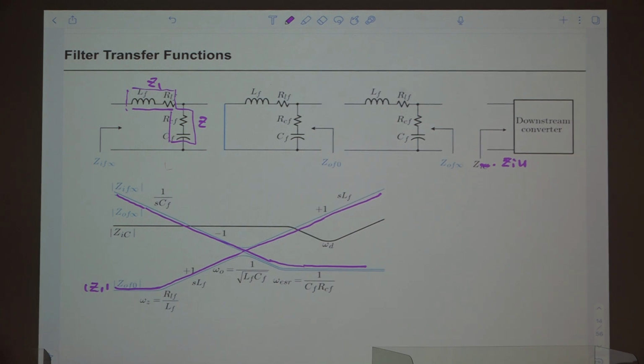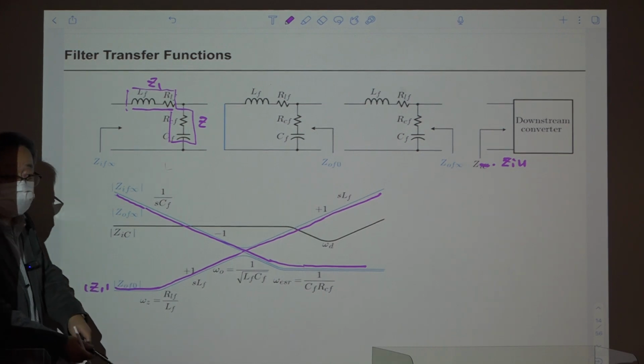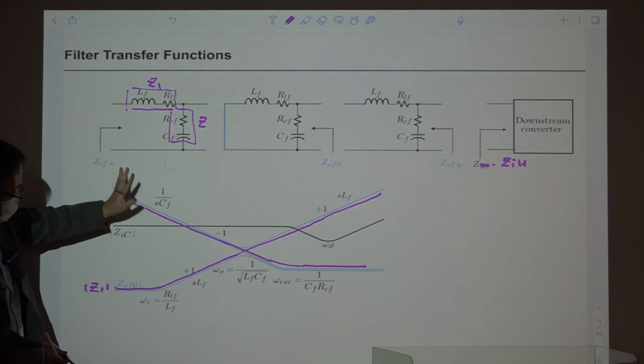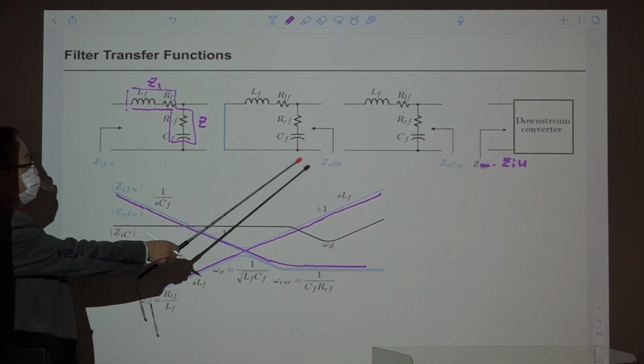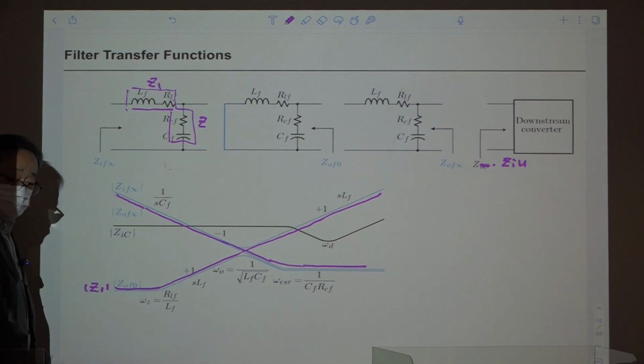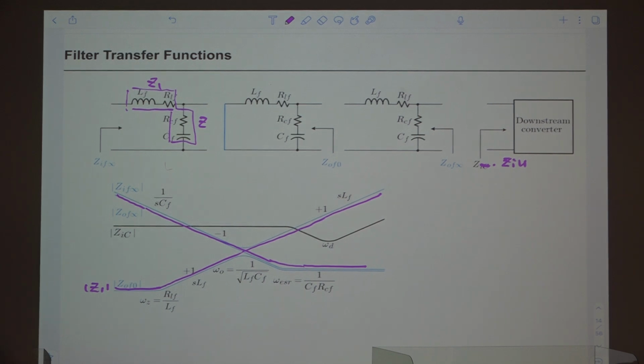So this input impedance is just the connection of this asymptote and this asymptote, because we are following the larger one between several asymptotic curves, and this GO0 is this one, because this is the parallel combination, so it follows the smaller trajectory.